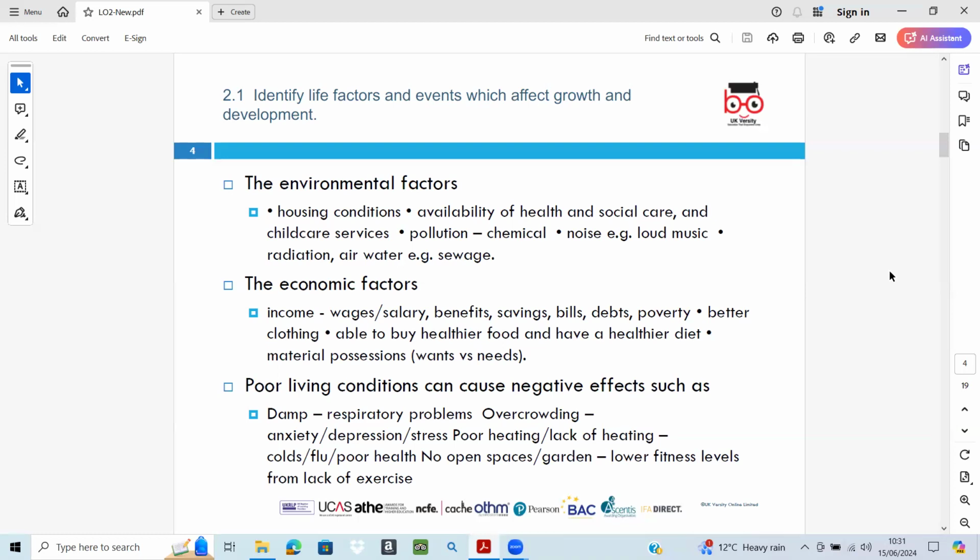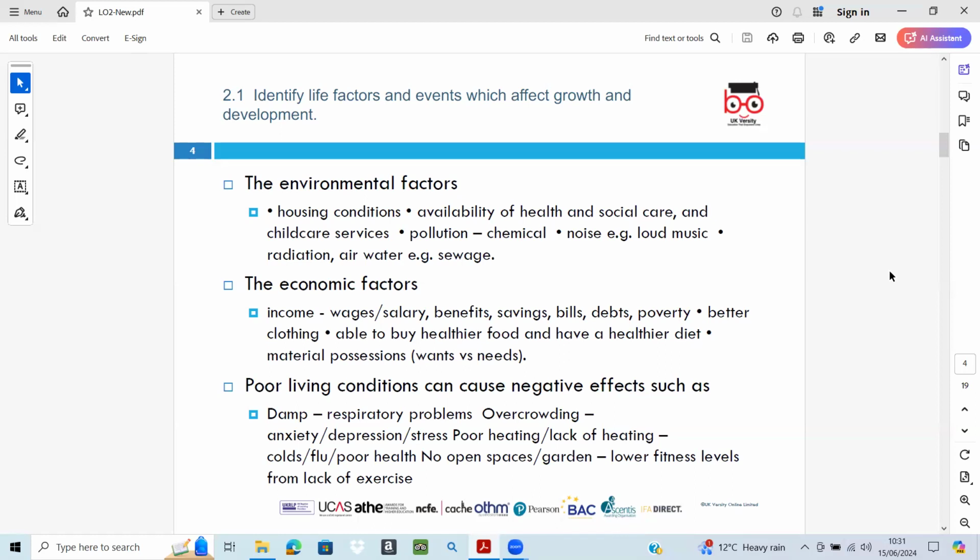Income includes wages, salary, benefits, savings, and financial obligations like bills and debts. A stable income enables better living standards and access to necessities.